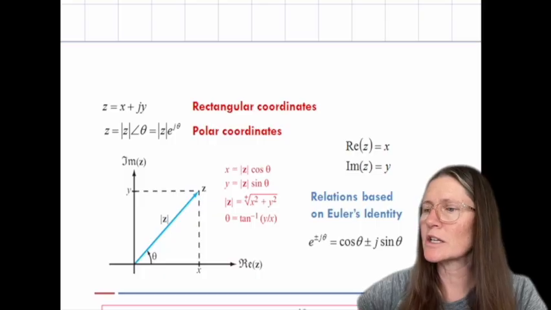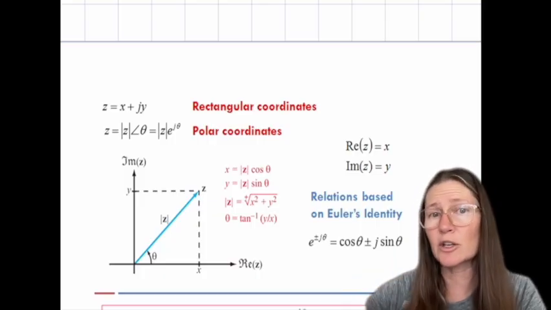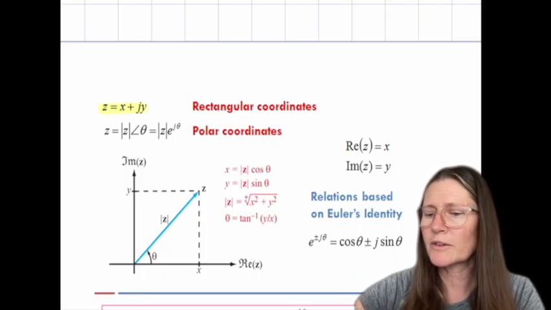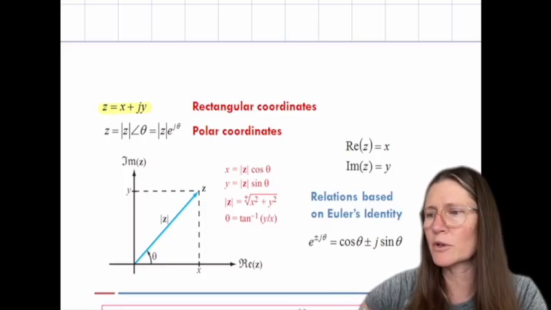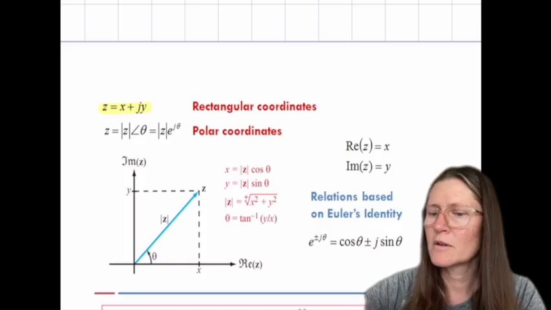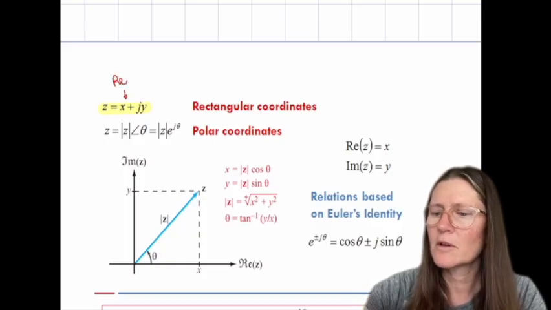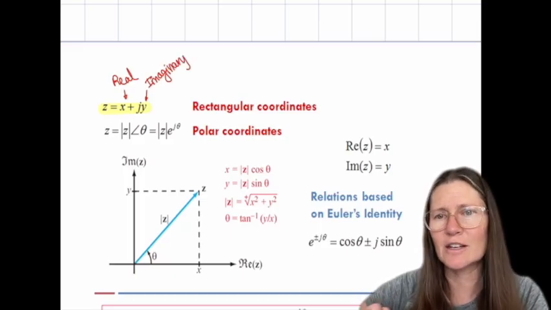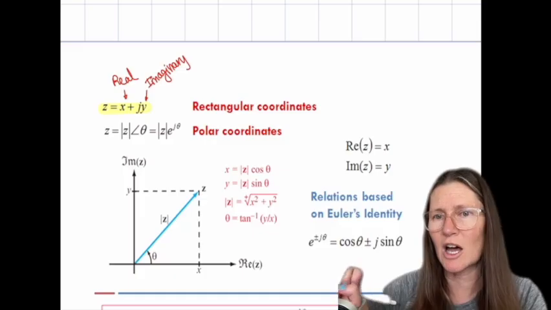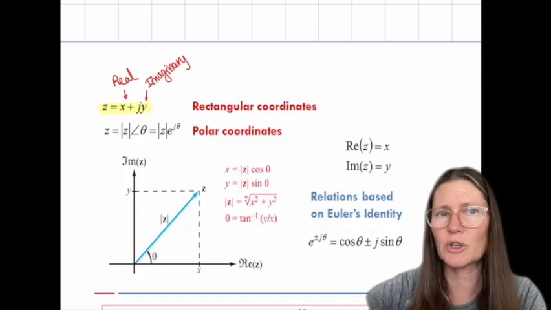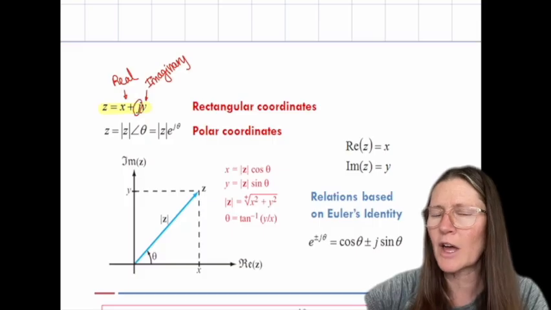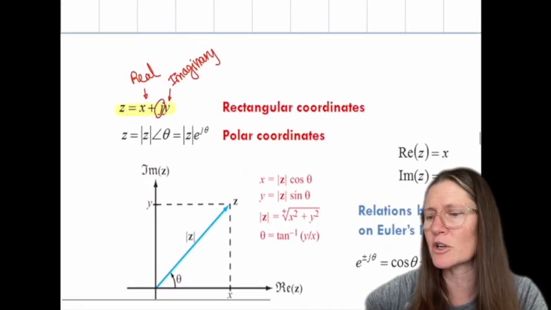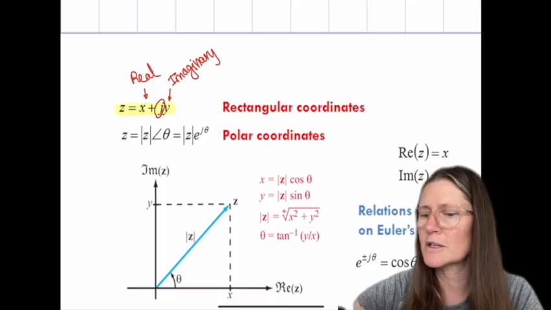Another summary is how to change from rectangular to polar. Remember, this is the rectangular form: you have a real component and the imaginary component. We use j instead of i for the imaginary part just because we use I for current instead. So we use the j variable to denote the imaginary portion of a rectangular coordinate.